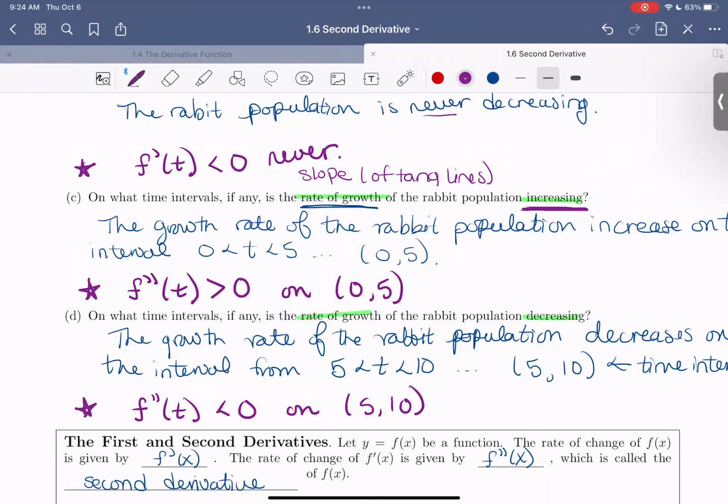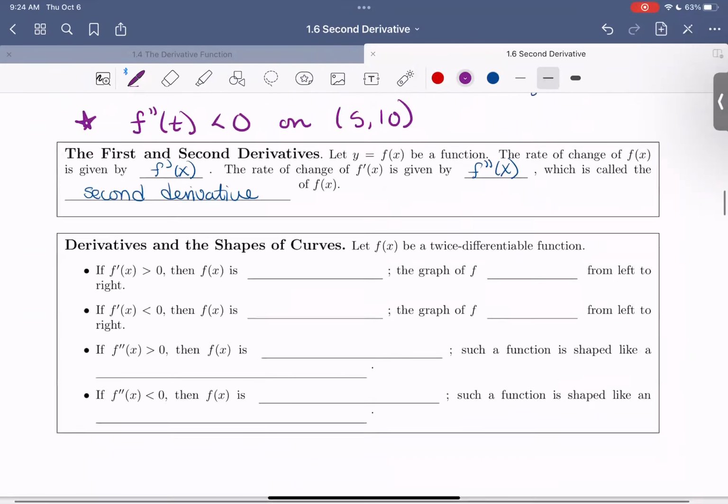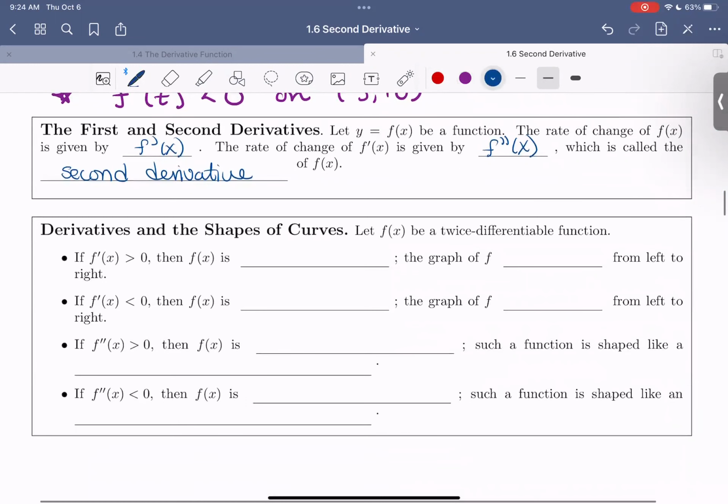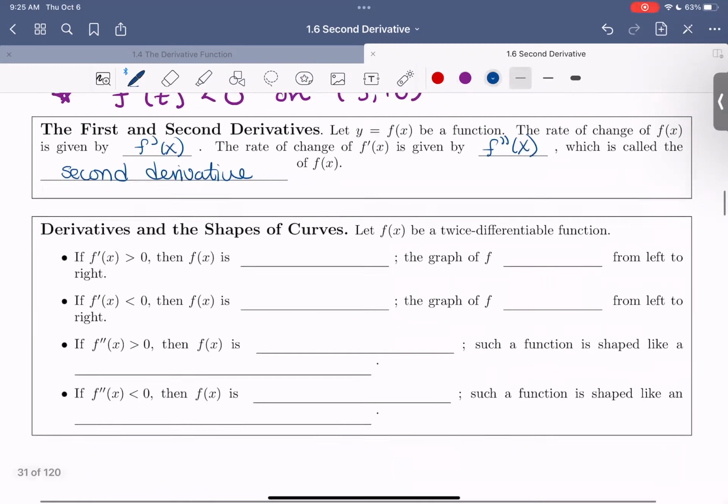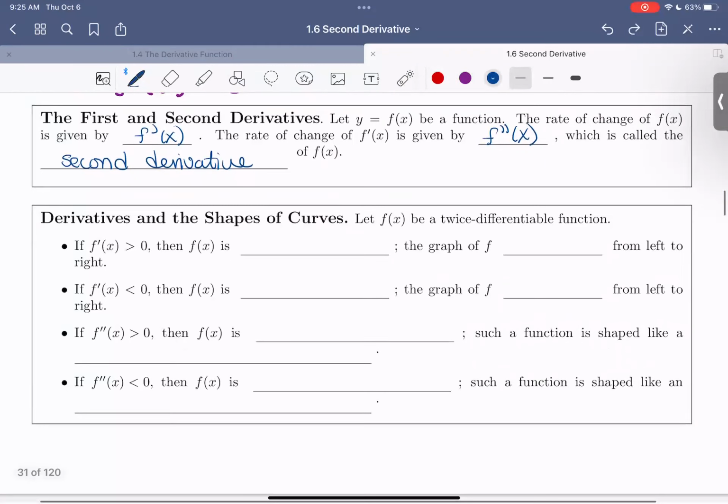Let's summarize some of these findings in this box at the bottom of our page. In this box, we're relating the derivative and the shape of our function. Let f of x be twice differentiable. That just means we can compute the derivative once and then twice. Recall, we can't always do that for a function, for example, if it has a corner or a cusp. So we're assuming we can compute a derivative and a second derivative.